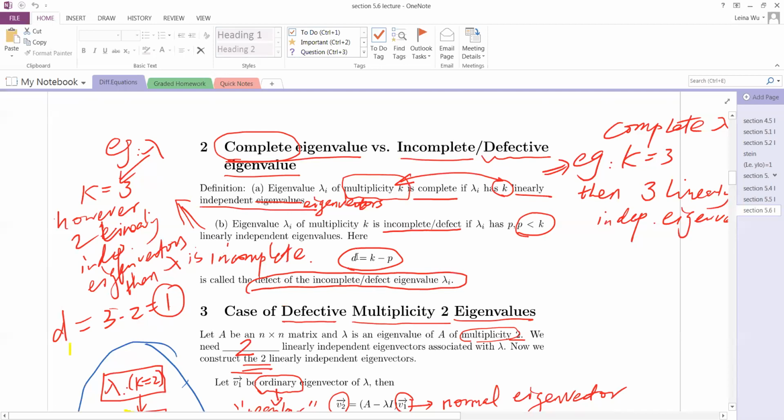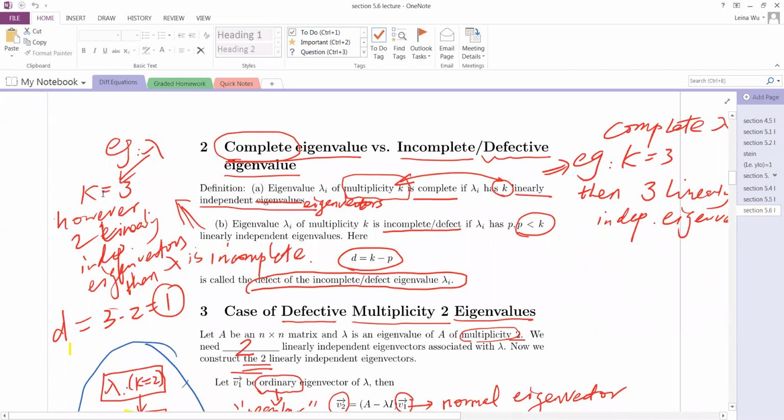This quantity d, the defect, is basically how many times the eigenvalue showed up, which is k, subtract how many regular or normal eigenvectors it has. In general, our idea is if the multiplicity of the eigenvalue lambda is 3, then we should have 3 eigenvectors corresponding to the eigenvalue.